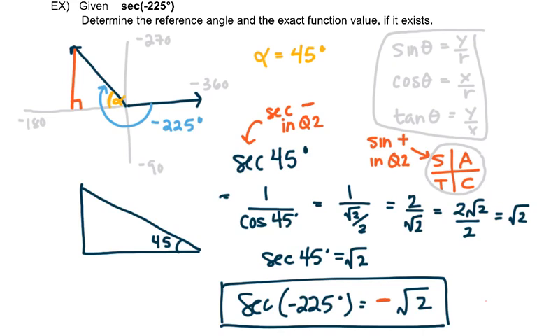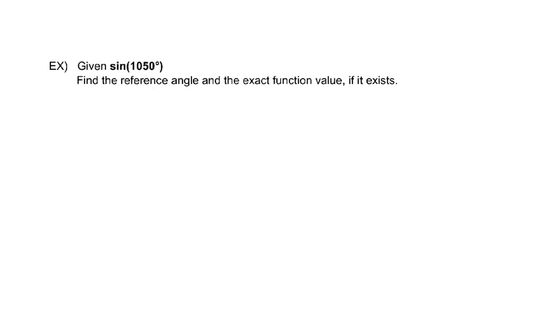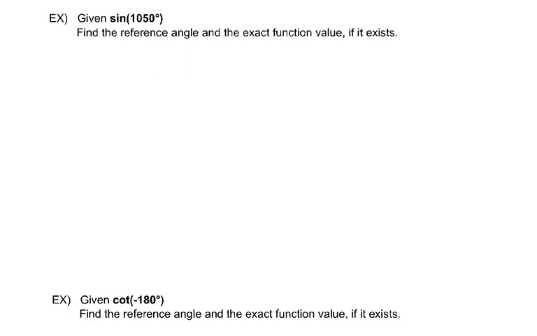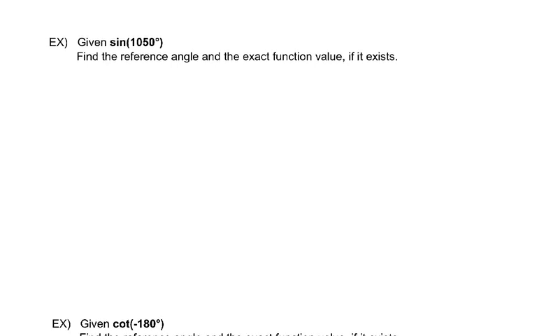All right, so let's try this again. Here we have sine of 1050. So we want to find the reference angle and the exact function value if it exists. 1050, that's a huge value for an angle measure. But what I can do is take that 1050 and subtract 360 degrees from it.